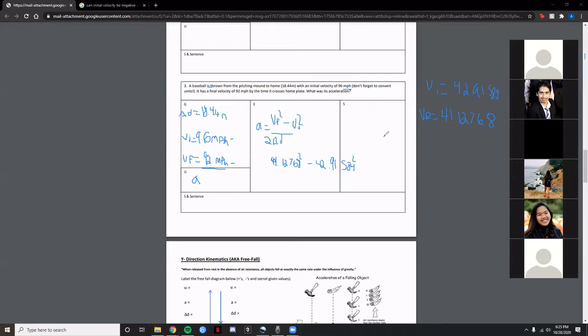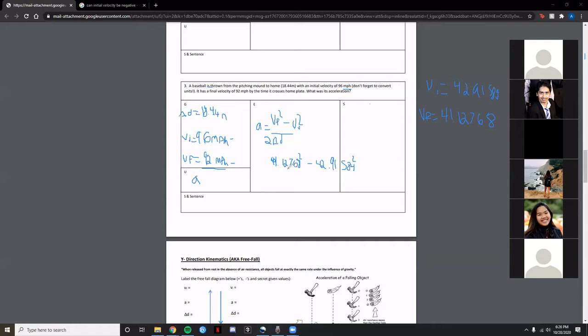Take that squared minus this squared. All right. Yes. Got the correct answer.